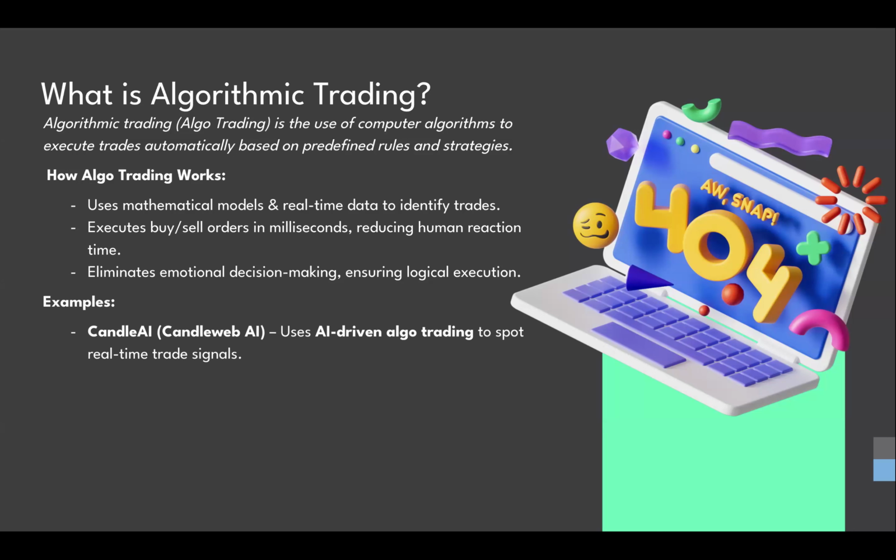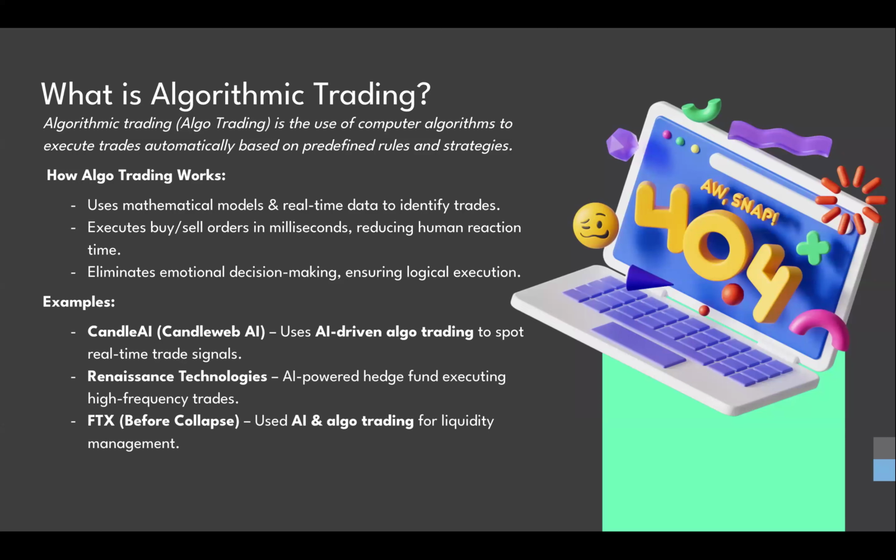So we use this to spot trading opportunities in the market that we can trade. And we have other companies that are also using the same thing. Some of them are hedge funds executing high frequency trades, like trades that are executing too often. And some of them have already collapsed. For example, FTX, before it collapsed, used AI and algo trading for liquidity management.